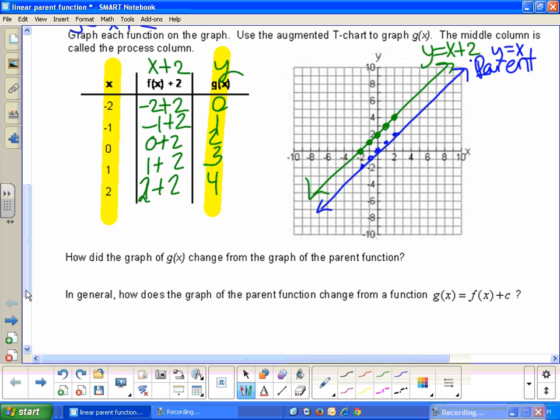So how is the green line different than the blue line? It's what? Okay, it's two higher. So the green line, especially if we look at our intercepts right here in the graph, moves up 2 units.